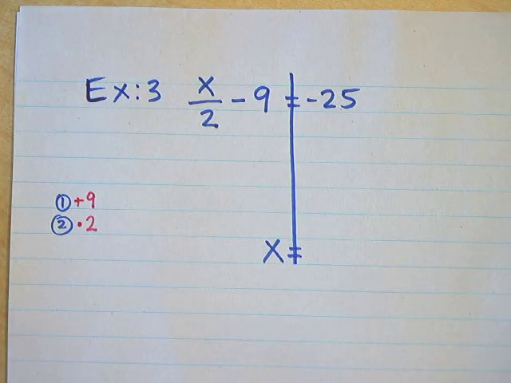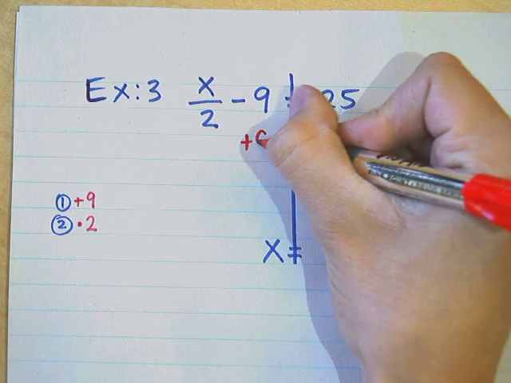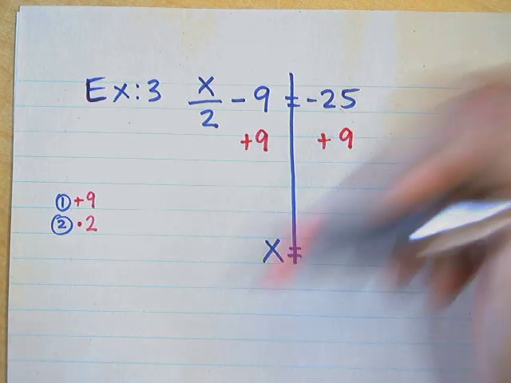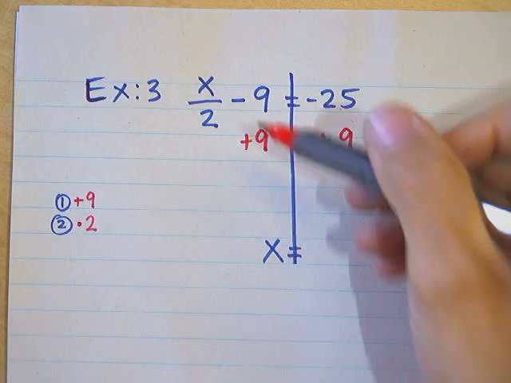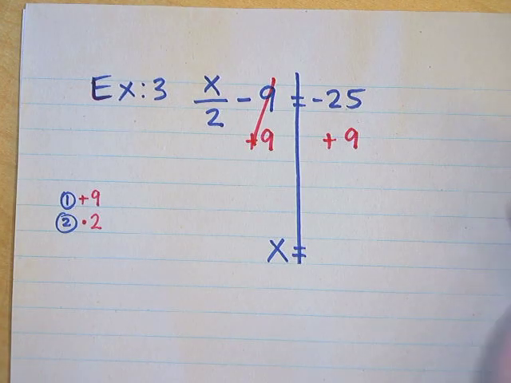So now I'm going to go ahead and do that. Step 1, add 9. It's always nice to map out, plan ahead what you're going to be doing. That's 0.